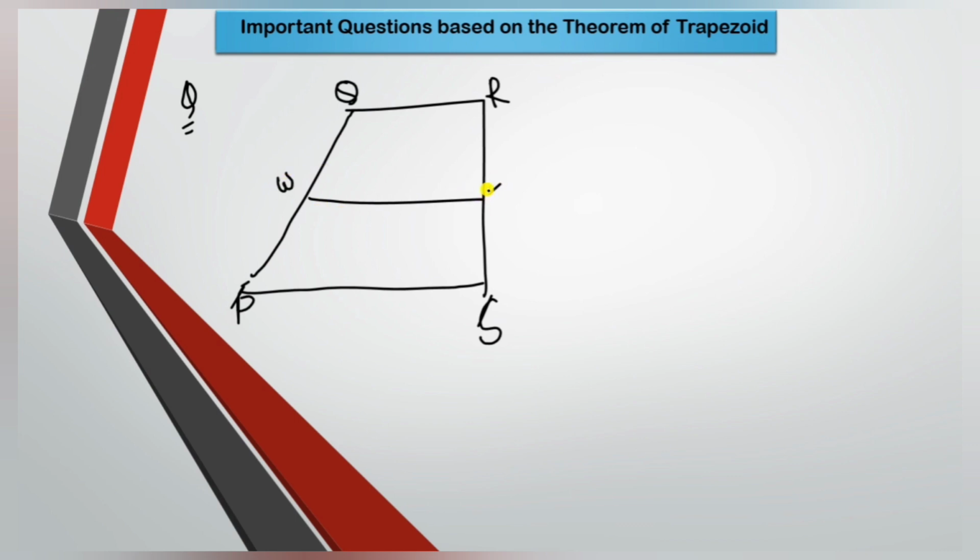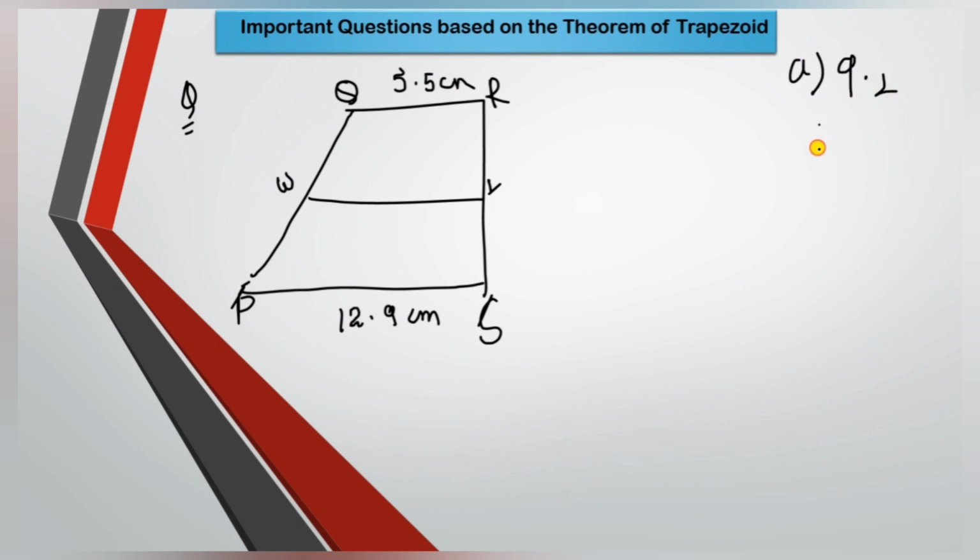The length given to us: QR is 5.5 centimeter. The length PS is given as 12.9 centimeter. And it is an MCQ question. So I have some options: the first option is 9.2.